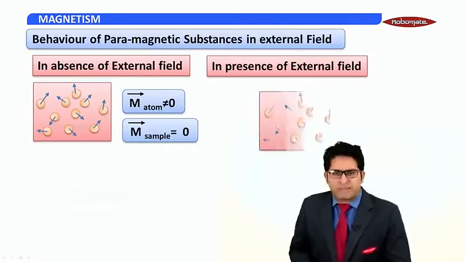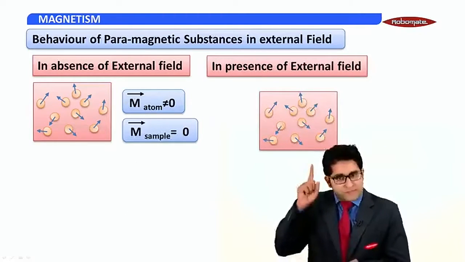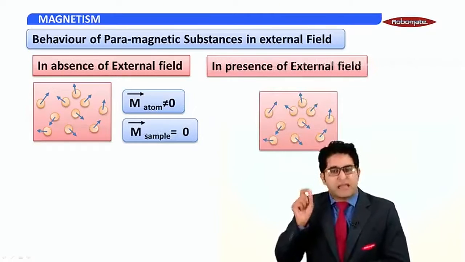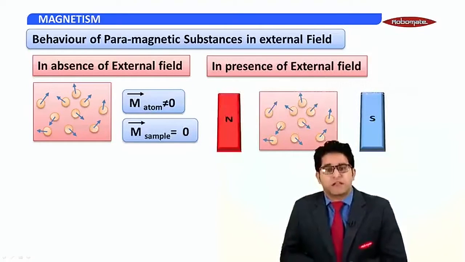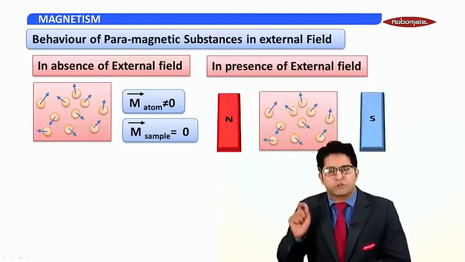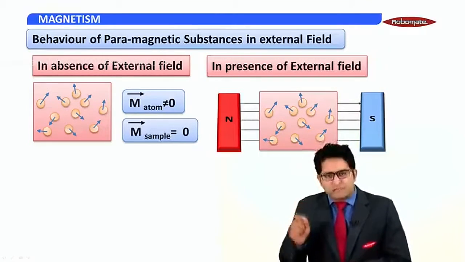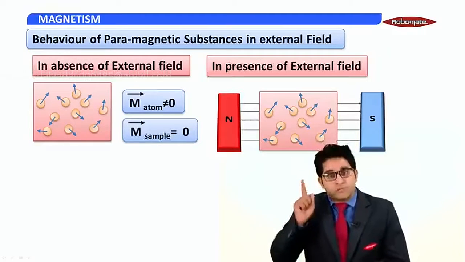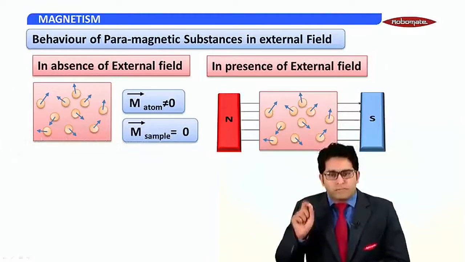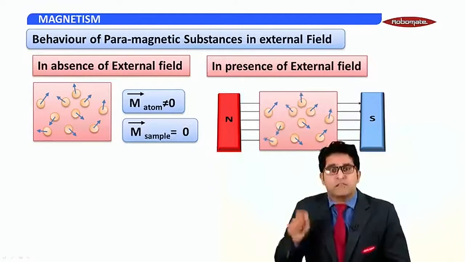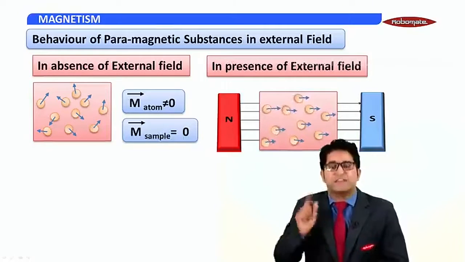So let's say I'm having a sample of paramagnetic substance, and an external magnetic field between two poles, the north pole and the south pole. Once the magnetic field is applied to this sample, all atoms which have a magnetic dipole will align themselves in the direction of the field.